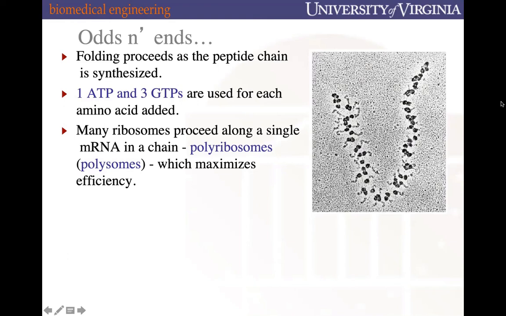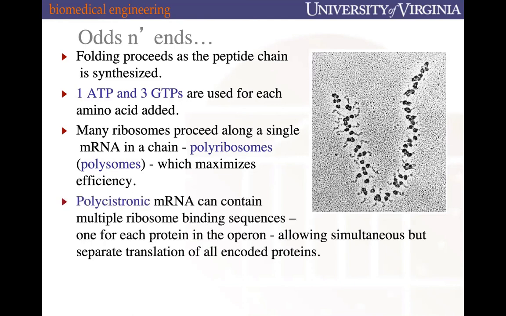What this electron micrograph shows, as you can appreciate based on the length of the peptide sequences, is that from the 5' end at the top right, moving down the transcript to the 3' end, there are many ribosomes translating along it and creating these little squiggles that are each peptide chains being synthesized. When there are many ribosomes along a single mRNA, we call that a polyribosome or polysome. That is a way to help maximize the efficiency and expression of that single transcript.